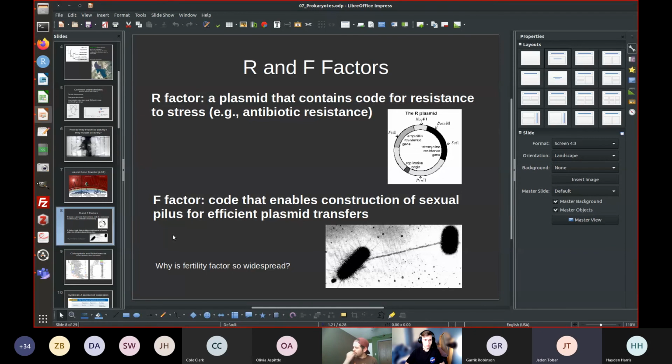I don't know how long it takes to grow that and hook up, but you've got a pretty short window to transmit stuff. If you're dividing every 30 minutes, you're not going to stick around hooked to somebody else for too long. So you conjugate, and DNA starts being passed back and forth along this thin little tube.